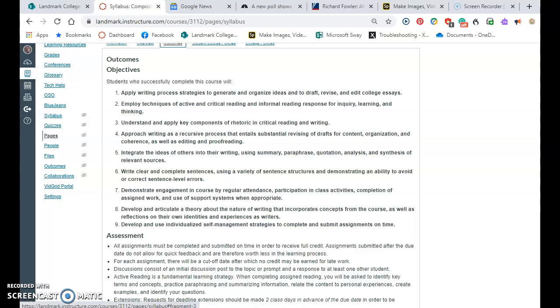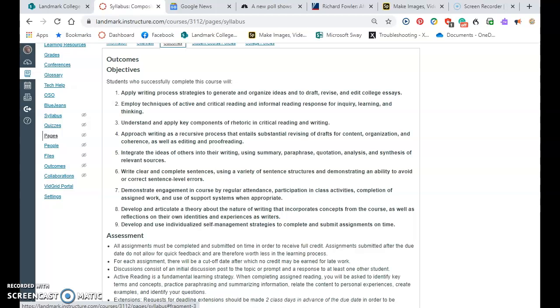Number 5, integrate the ideas of others into your writing using summary, paraphrase, quotation, analysis, synthesis of relevant sources. 6, write clear and complete sentences using a variety of sentence structures and demonstrating an ability to avoid or correct sentence level errors. 7, demonstrate engagement in course by regular attendance, participation in class activities, completion of assigned work, and use of support systems when appropriate.